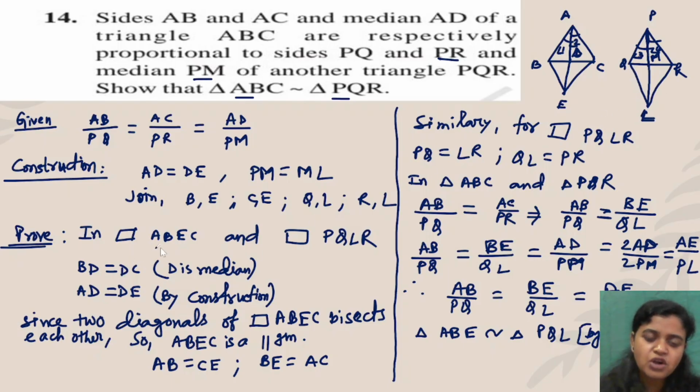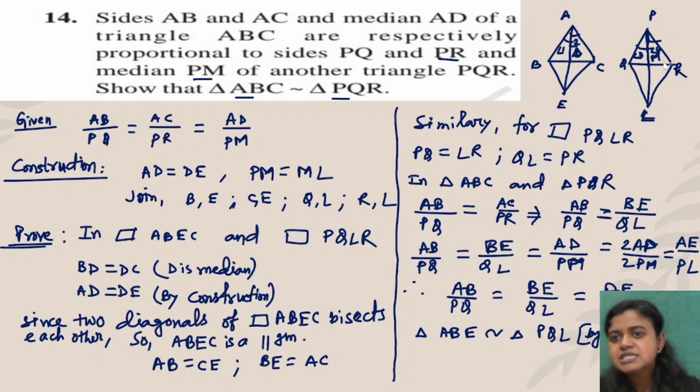Then in quadrilateral ABEC, AD equals DE by construction, and since D is the median, BD equals DC. Since the diagonals bisect each other, this quadrilateral is a parallelogram, and so the opposite sides are equal.